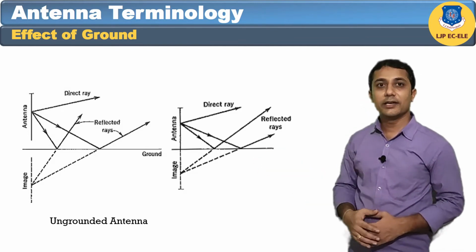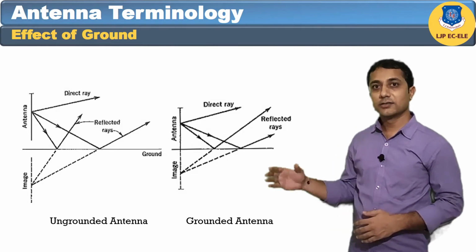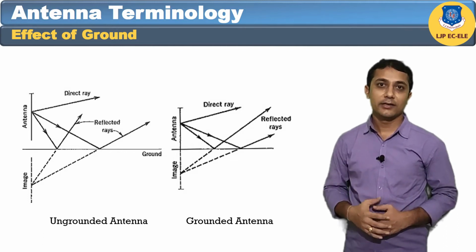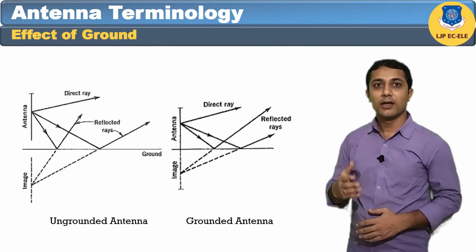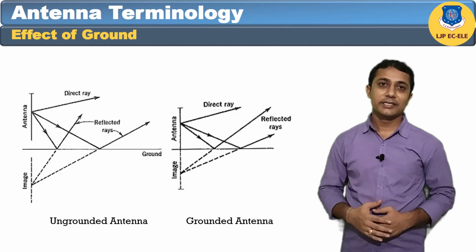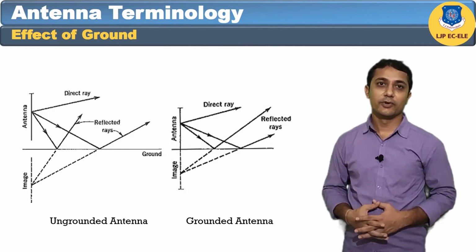A grounded antenna quarter wave radiator becomes a half wave radiator. Such a basic λ/4 antenna is called a Marconi antenna, in which voltage and current distribution are the same as that of a half wave dipole. This half wave dipole we studied in our last session of antenna and wave propagation.